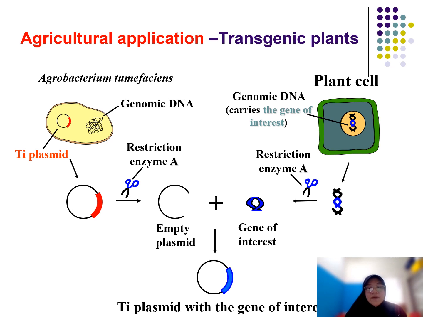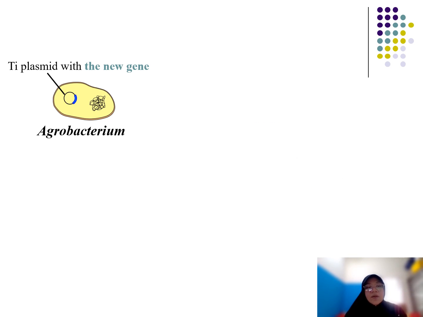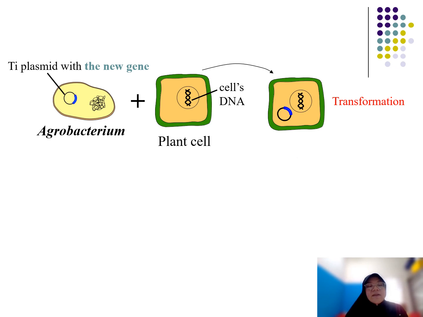Plasmid with the gene of interest. To cut them, we use the same restriction enzyme. Then for production of transgenic plant, the recombinant DNA will go back into the host. So the host will then bind with the DNA of the plant.